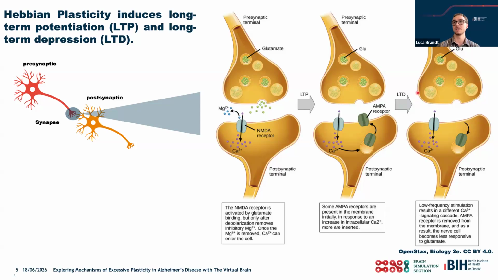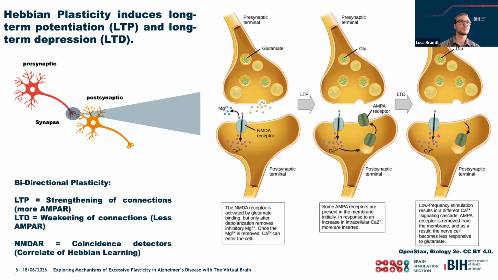On the other hand, if there's no correlation in firing, so no firing together, AMPA receptors get removed from the membrane because calcium levels are not sufficiently high. So the neurons become less responsive to their firing. What I wanted to show you with this is that the NMDA receptors, which are coincidence detectors, are the molecular correlate of Hebbian plasticity.